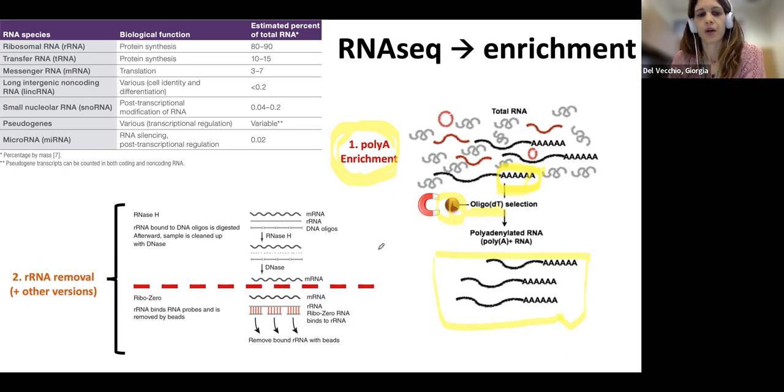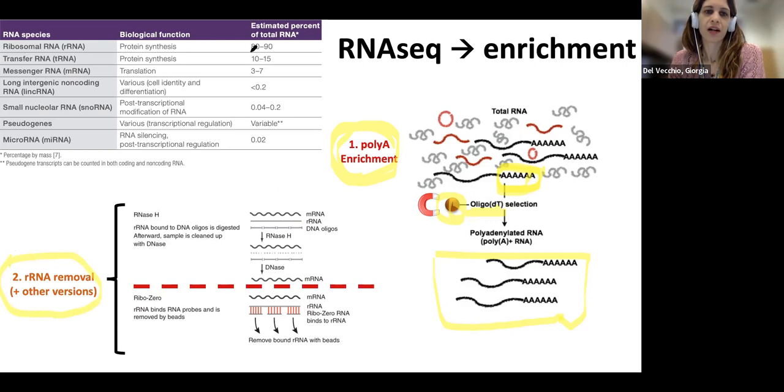Or we can use the opposite approach. We can remove the unwanted transcripts by removing the ribosomal RNA.